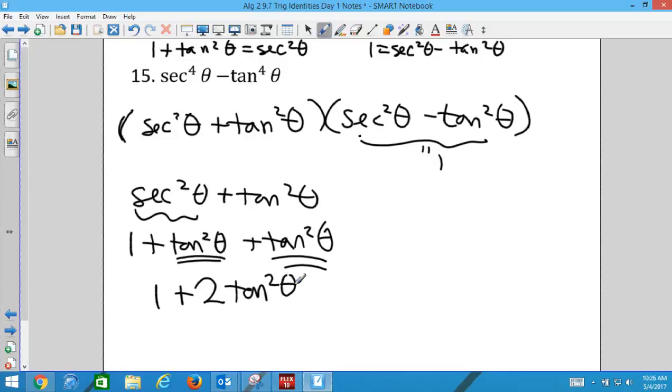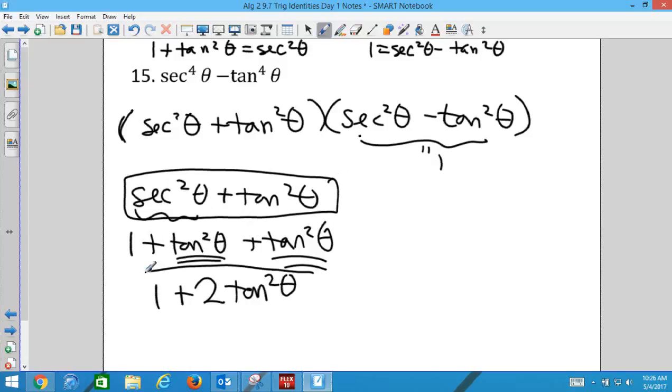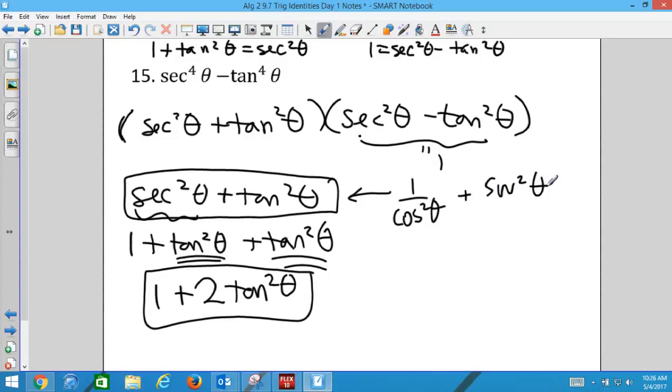This one really doesn't simplify very much. This is what I have as the answer. You could have this as the answer. You could change this to 1 over cosine squared theta plus sine squared theta over cosine squared theta, then add those together and get 1 plus sine squared theta over cosine squared theta.